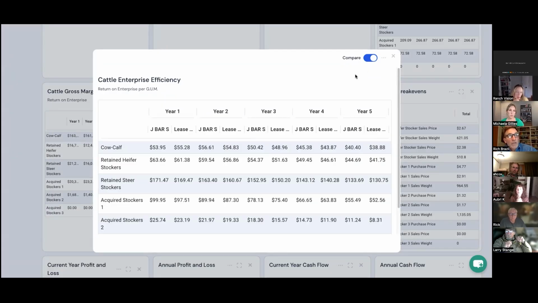Oh, I see what you're saying. So lease cows, you're talking about getting paid for grazing? Yes. If you're getting paid for grazing, that's another stocker enterprise. And so the best way to do that would be to just enter those numbers for those stockers.